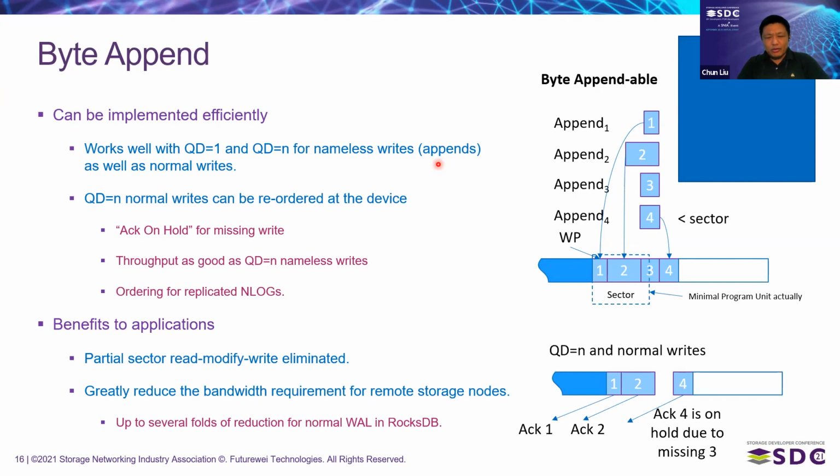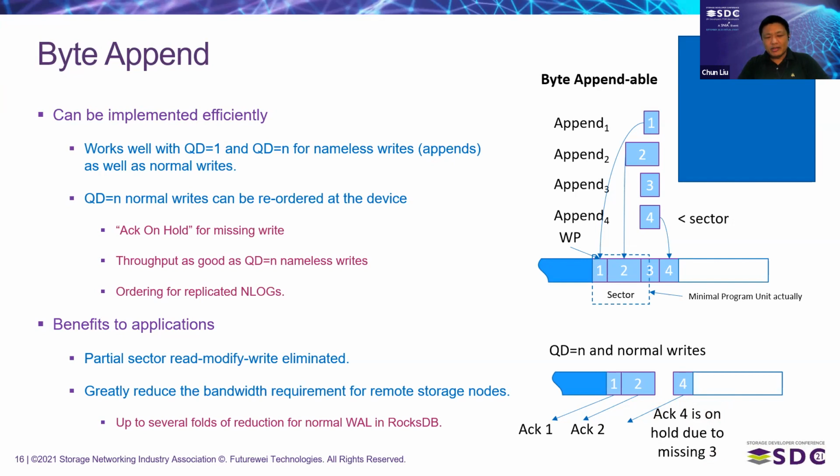The drive needs to reorder the writes in the designated order indicated by the write address, and only acknowledge the writes that are consecutive in addresses, leaving no holes in between. In other words, the acknowledgement of writes will hold for a missing write. For example, here we have a missing write number 3. The ack on 4 is on hold due to the missing 3.